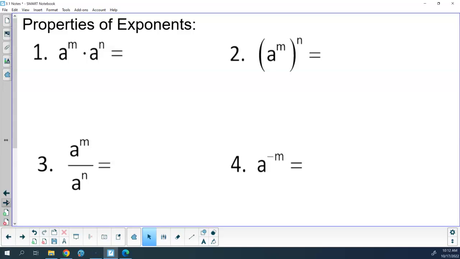When you have the same base and you're multiplying it with the same base again, with exponents, that ends up being a to the m plus n power, where you add the 2 exponents.